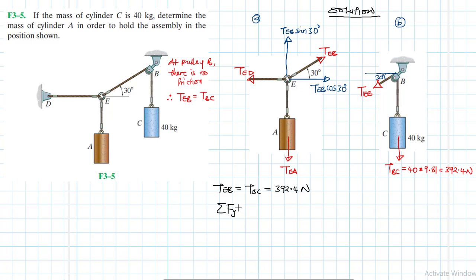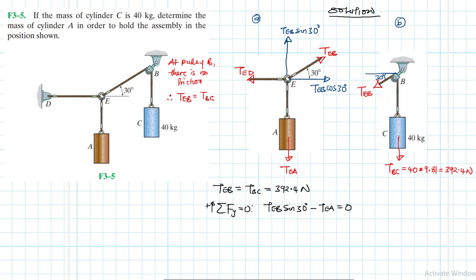Summation of forces in the y direction. What do we have? We have TEB sine 30 minus TEA.